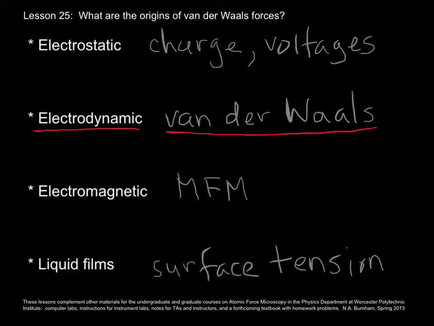But the times changed, and the Minister of Education gave him special permission to do a PhD in physics, and he defended his dissertation in 1873. He went on to do important work, which was recognized by the Nobel Prize in Physics in 1910.